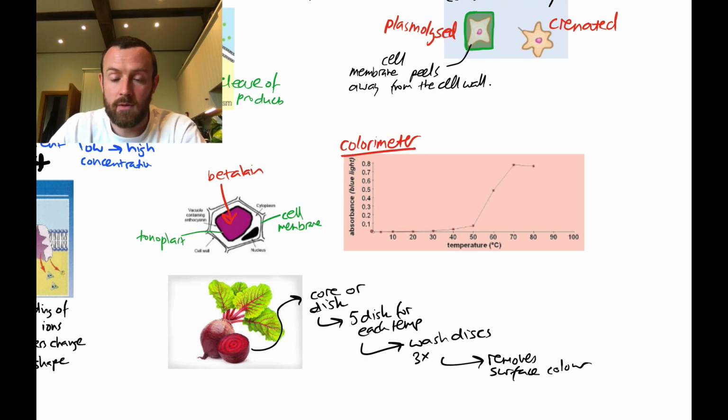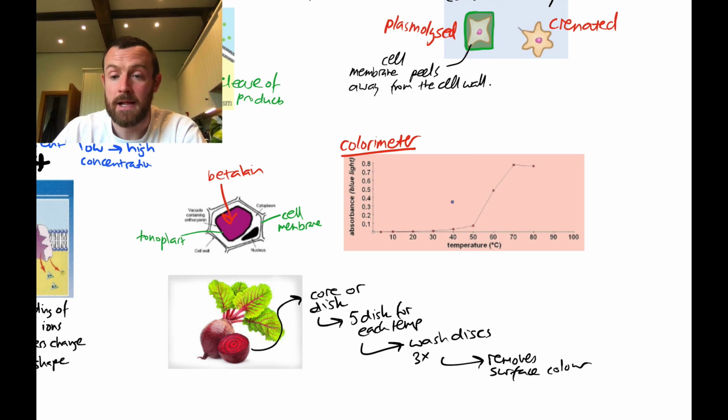And you can see here that when we leave those discs in the water for a minute, let's say, at 10, 20, 30, 40 degrees Celsius, nothing really happens. The solution doesn't go pink. But then suddenly above 50, 60 to 70, the water starts to go really pink.